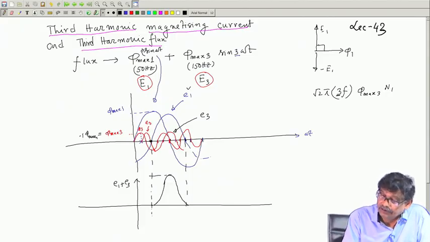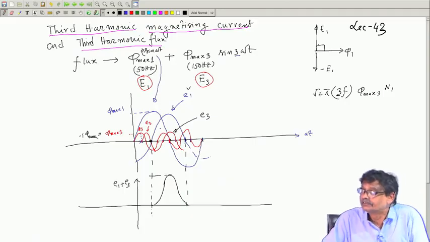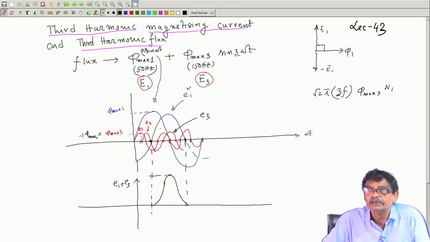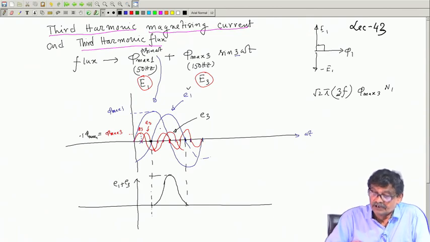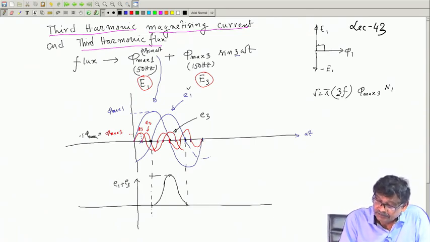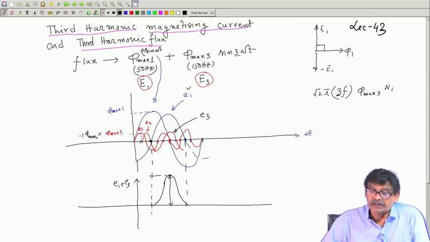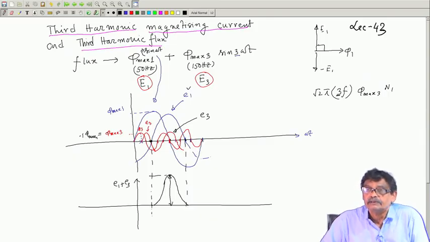So, the induced voltage, this E 3 amplitude will be about 30% of the fundamental voltage. Therefore, the peak voltage will be this much. Therefore, if third harmonic flux is present, there will be stress upon the insulation of the transformer.